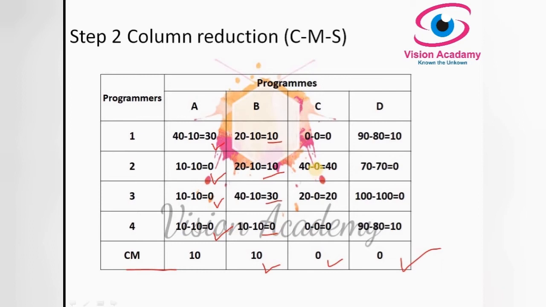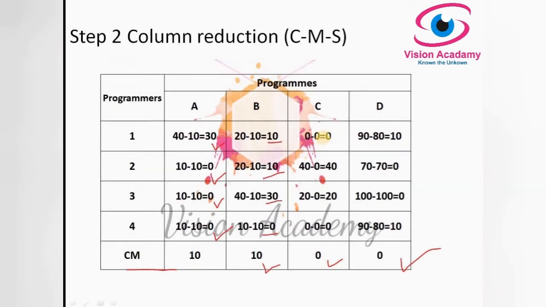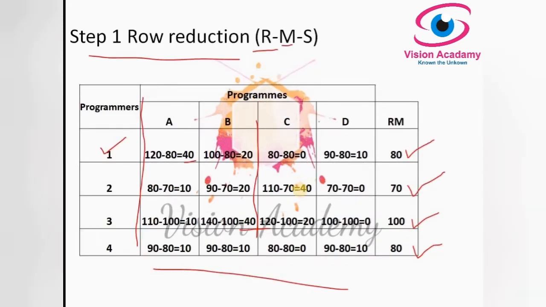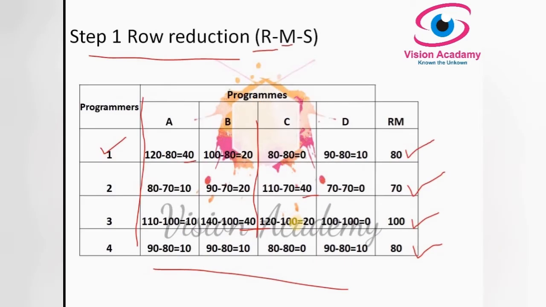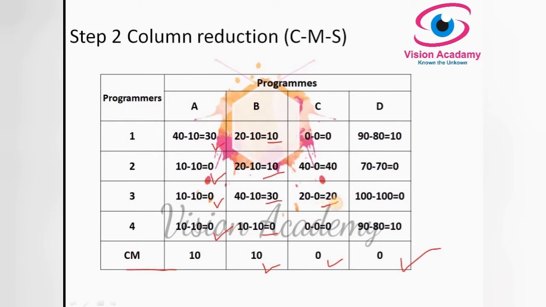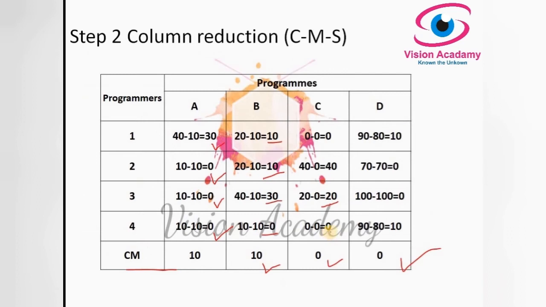Let's go for the third column. In the third column, the minimum cost is 0. So 0 minus 0 is 0. Look at here, 40 minus 0 is 40, and 20 is the result from row reduction, 20 minus 0 is 20. Next, 0 minus 0 is 0.